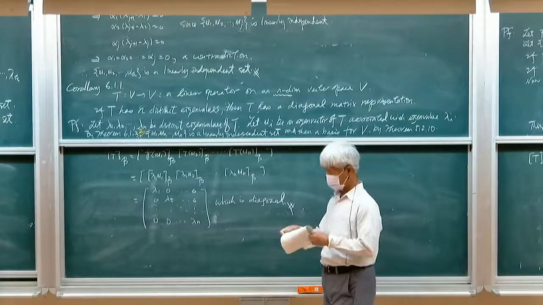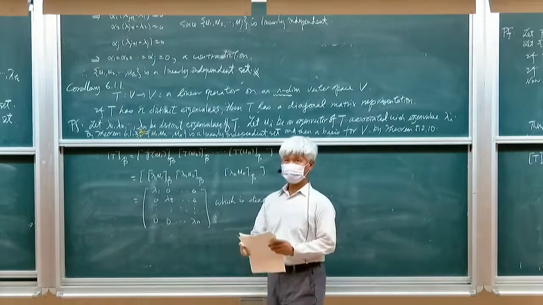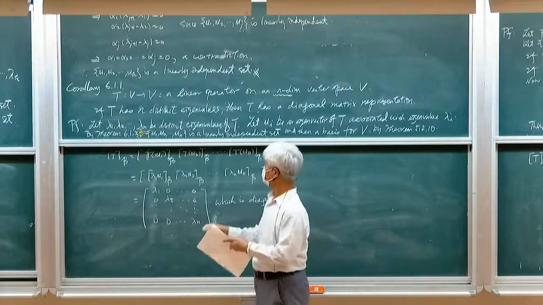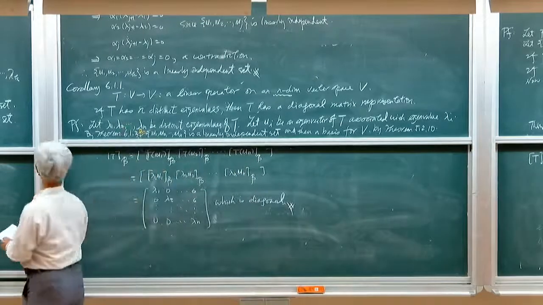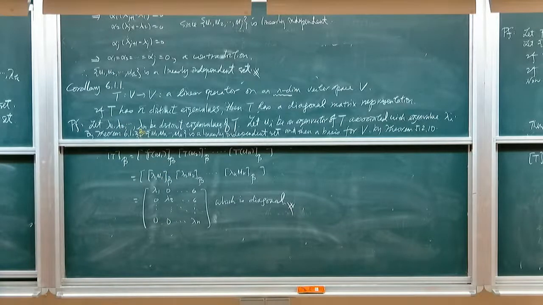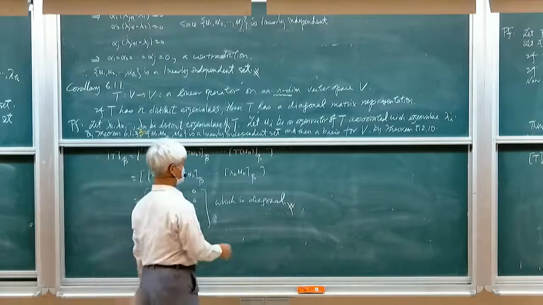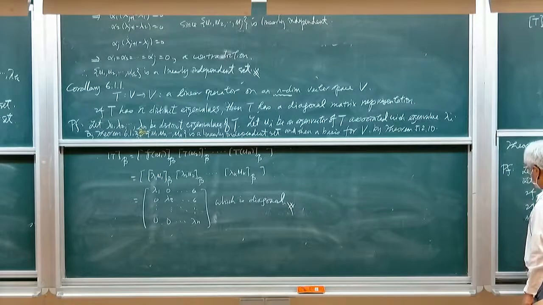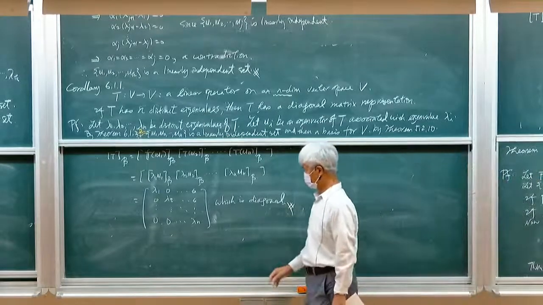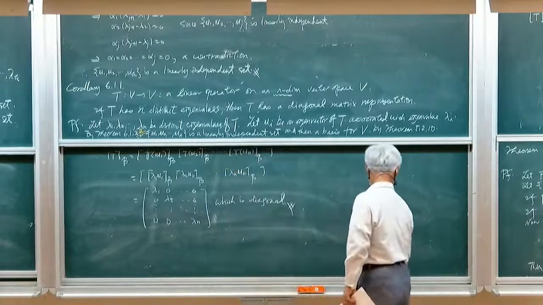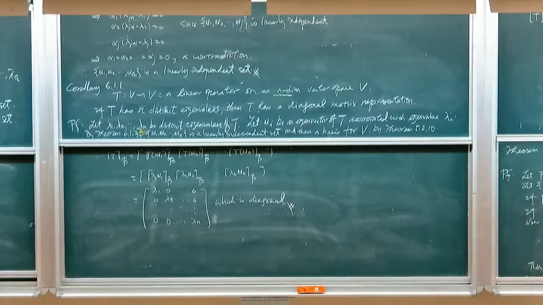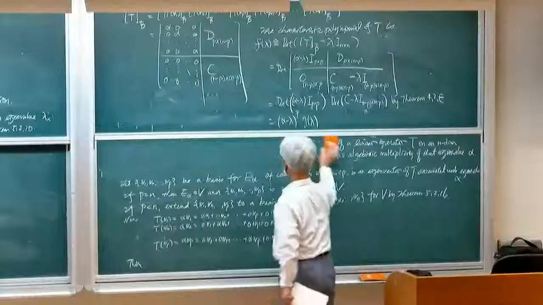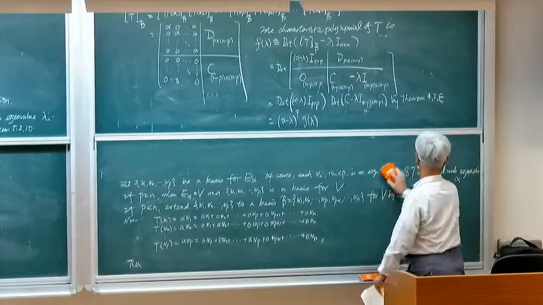So this is a sufficient condition. So corollary 6.1.1 provides us a sufficient condition that a linear operator have a diagonal matrix representation. Okay, and this is a very easy sufficient condition.